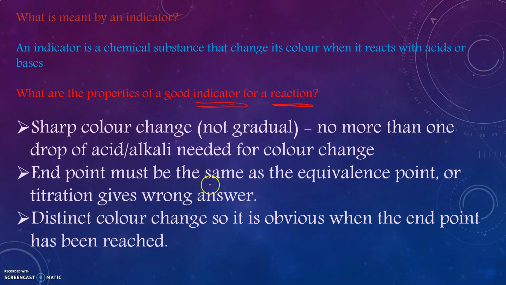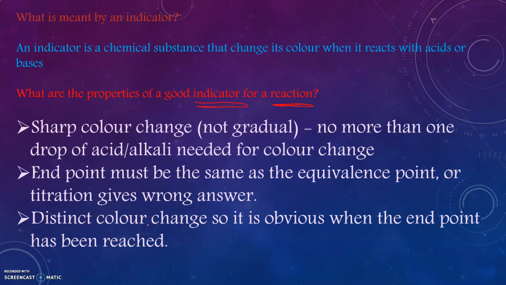The endpoint must be the same as the equivalent point, or the titration gives a wrong answer. So this means that the endpoint has to be the point in which the indicator changes its color, the neutralization or the equivalent point. Otherwise it's a wrong answer, so it's not the suitable indicator.